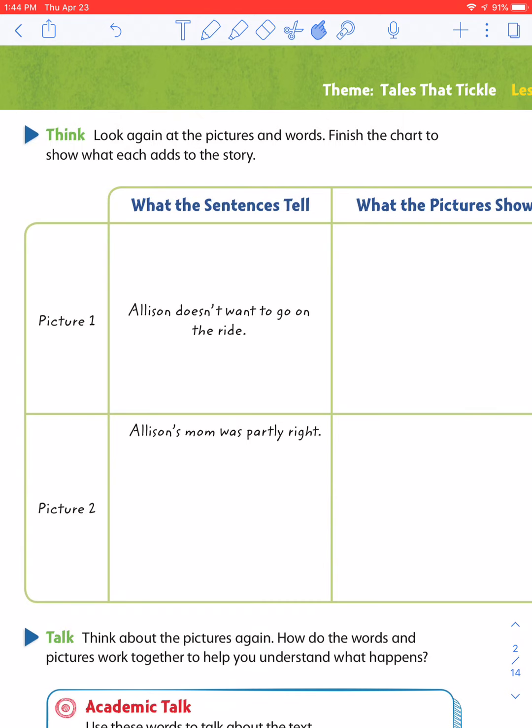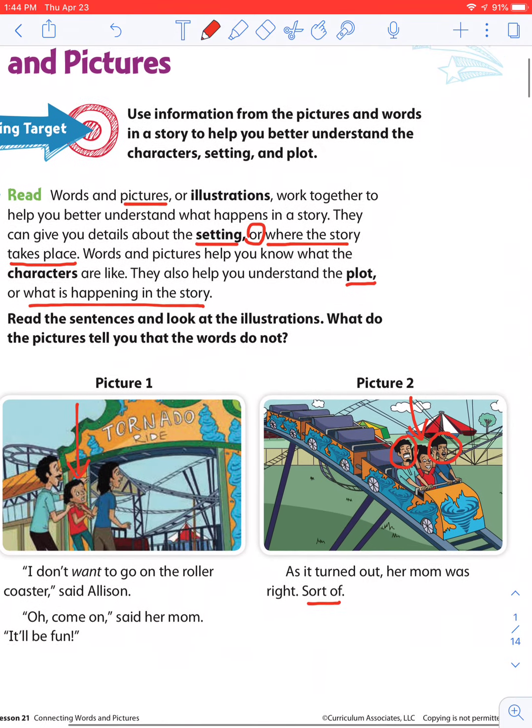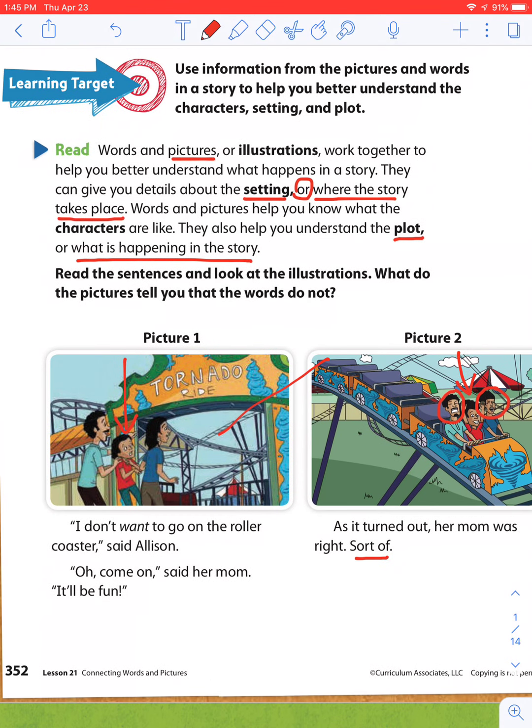So I'm looking at the titles of my chart and I see what the sentences tell. In picture 1, it tells Allison doesn't want to go on the ride. Okay, and when I looked at the picture, it sure looked like she didn't want to go on the ride at all.